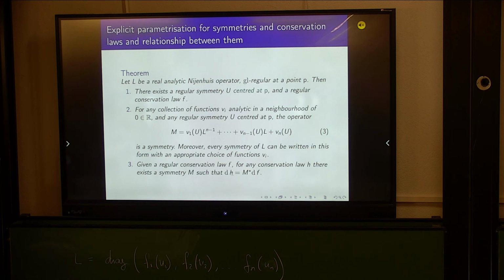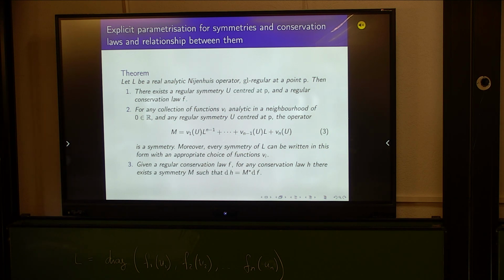And in this way, you will describe all conservation laws. So we know tools to start computing. If you have a particular example, then you can take it and compute all conservation laws and symmetries.